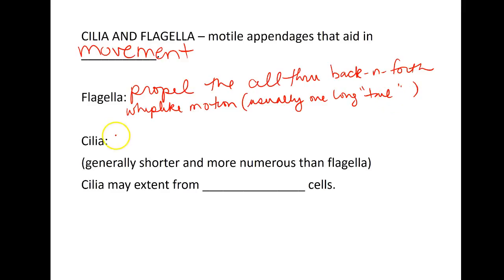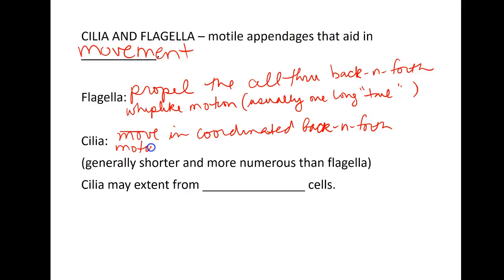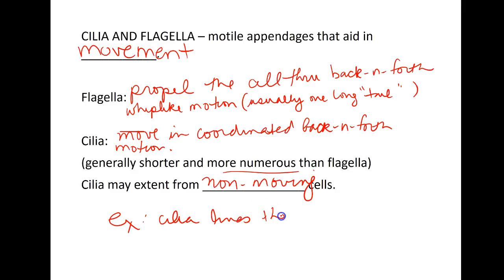Where cilia move in a coordinated back and forth motion. Generally shorter and more numerous than flagella. Also, cilia may extend from non-moving cells. And our example there was cilia line the trachea, which is our windpipe, right? And it's there to catch debris.